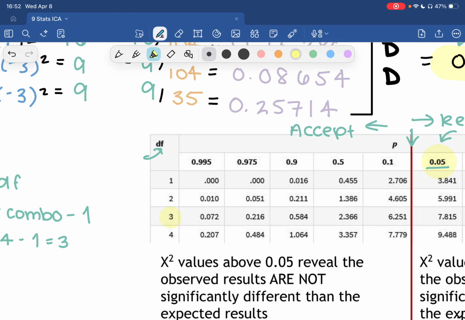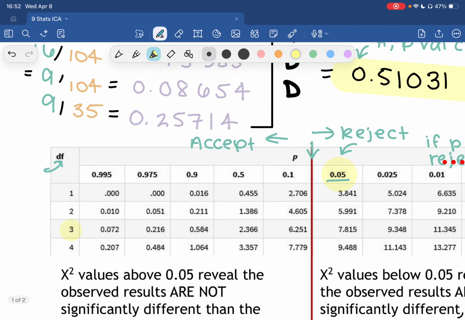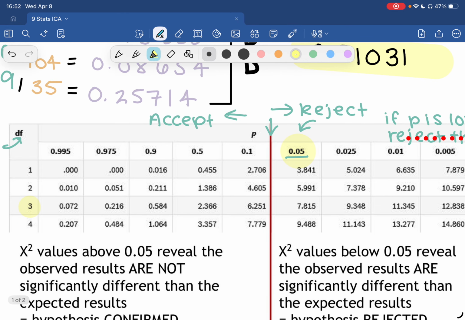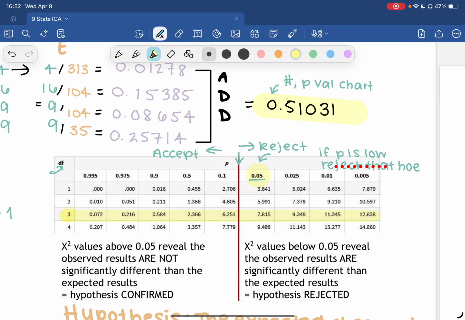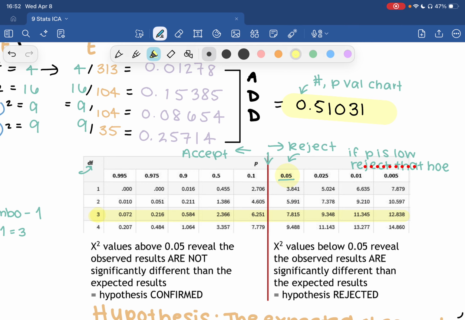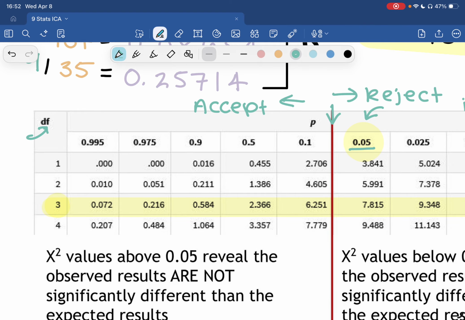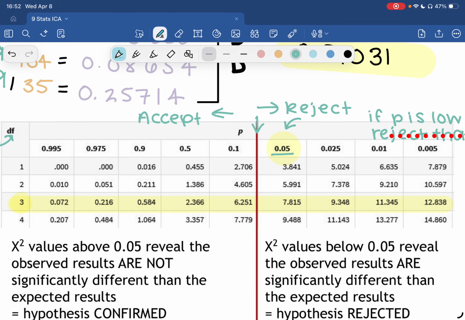Okay, so once I have identified which row you're looking at, you'll be looking at all the numbers in this row right here. Then you need to look at your value that you got, 0.51031, and figure out where that is located on this table.